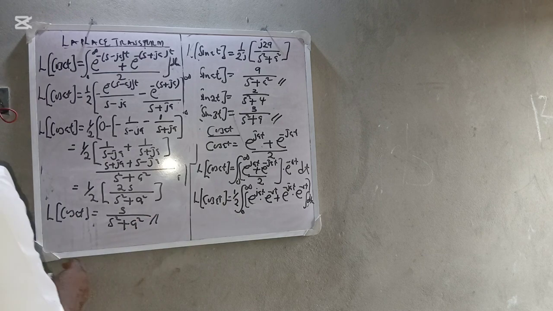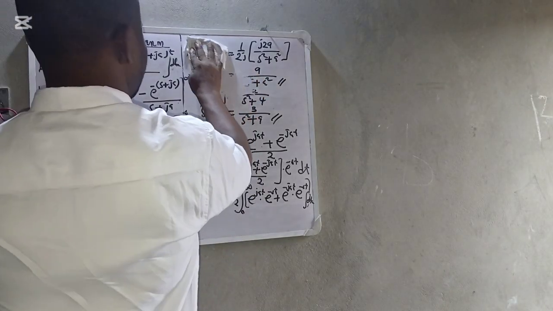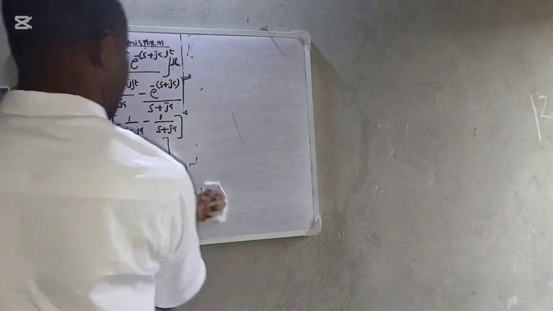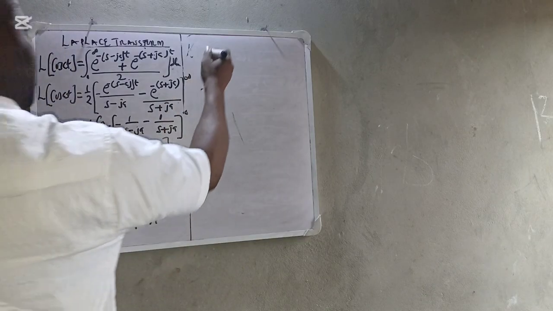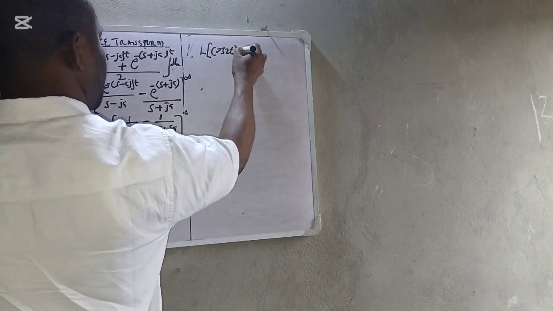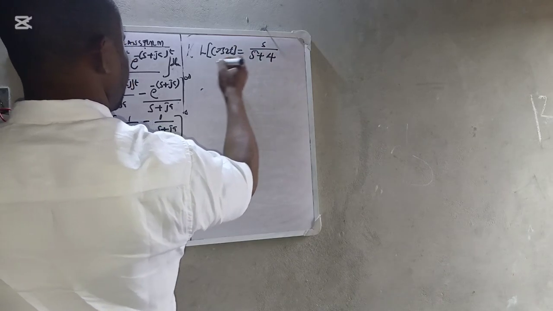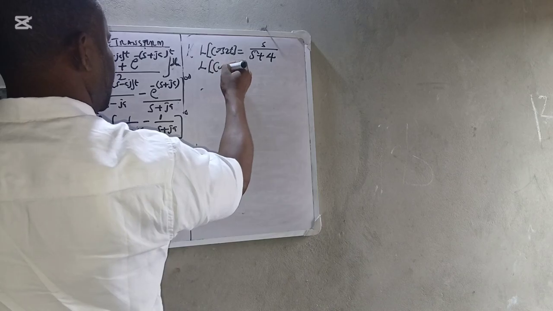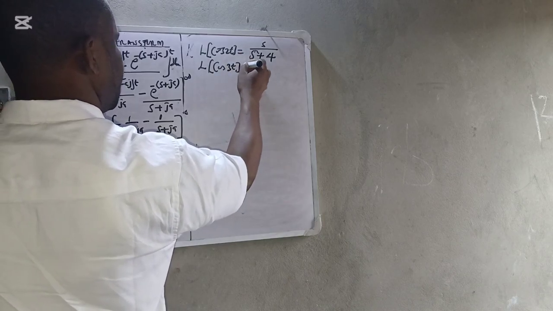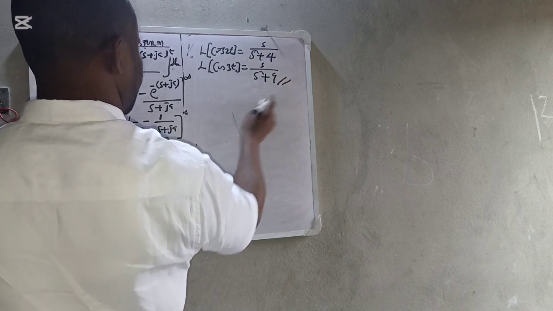So that is the Laplace transform of cos at, and we can acknowledge that cos 2t is s divided by this plus 2, and also cos 3t is s divided by this plus this.